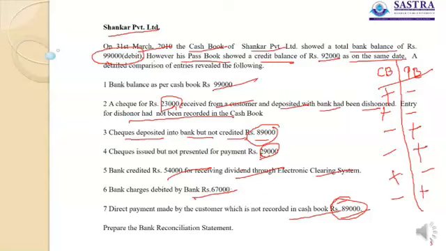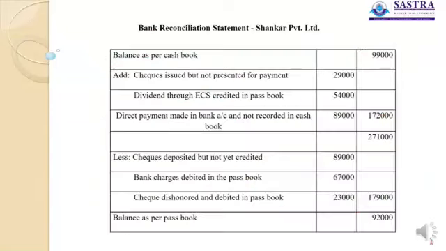So we go to the preparation of the bank reconciliation statement as per the symbolization. We have symbolized, and according to the passbook, we have to take all the items with the symbol under the passbook requirement. We have the checks issued but not presented for payment 29,000 plus, dividend through ECS credited in the passbook 54,000 plus, and direct payment made in the bank account and not recorded in the cash book, also plus.